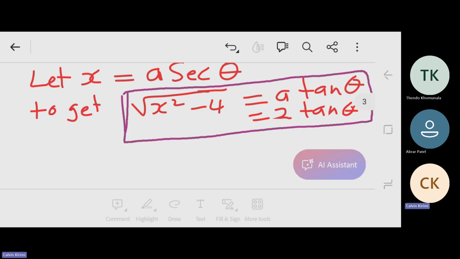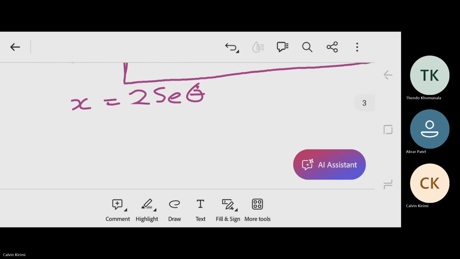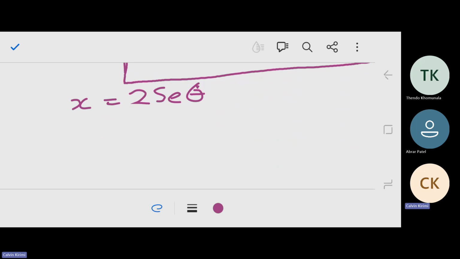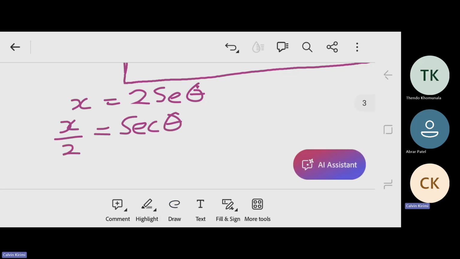And then secant theta, you know, is 1 over cos theta, which implies that we can now draw a triangle. Because we know cos theta, when we draw a triangle, x over 2 equals secant theta.